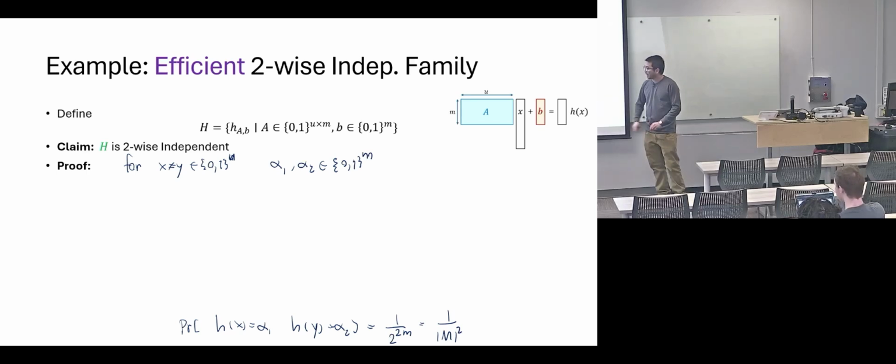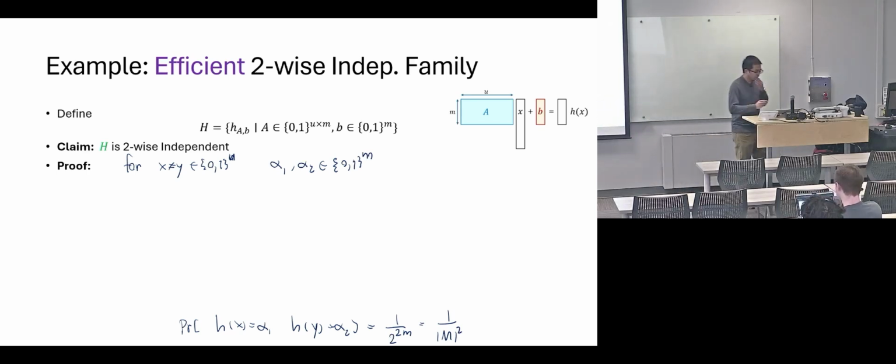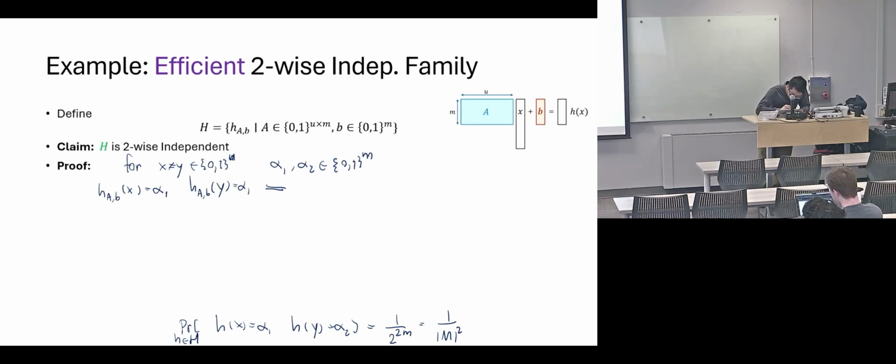Just from the definition, how can we show this thing? If H is sampled from the family, I claim that this event happened only if H_{A,B} maps x to this and H_{A,B} maps y to this, if and only if what? First of all, Ax plus B is alpha 1.